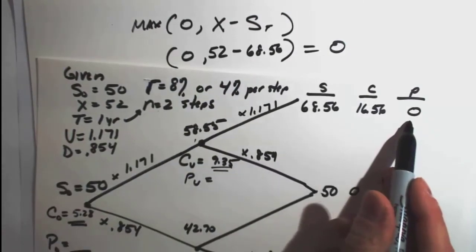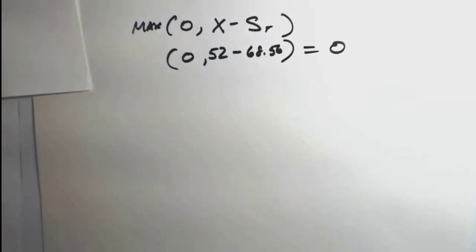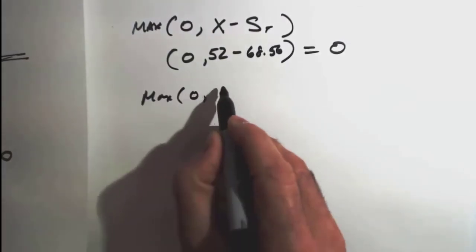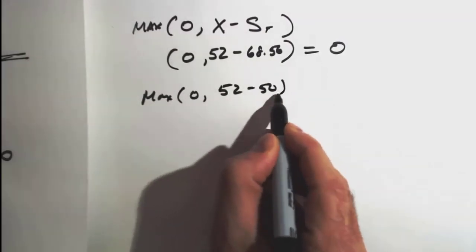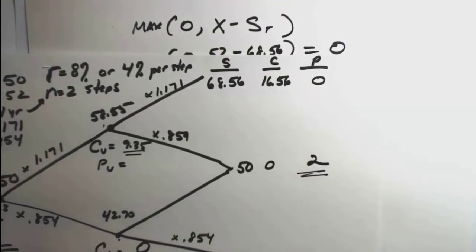And so the put has no value. It's out of the money at this point. Now let's figure out what the put is on the middle node. Well, in the middle node, it's the maximum of 0 or 52 minus 50, which equals 2. So the put here is 2.